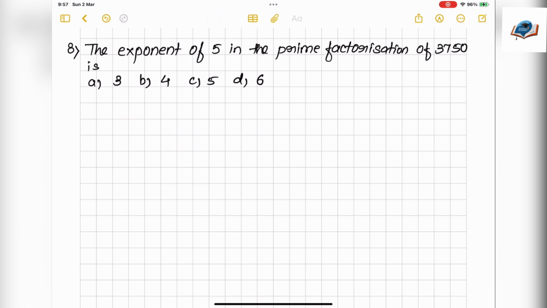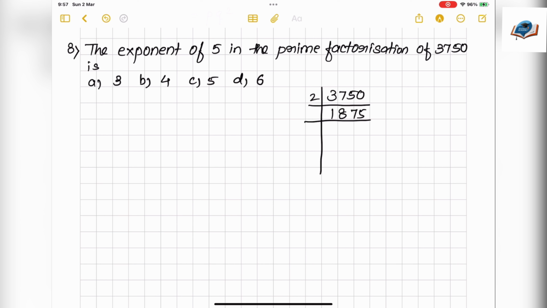Next question says the exponent of pi in the prime factorization of 3750 is A 3, B 4, C 5, D 6. So let us do the prime factorization of 3750. So first with 2 I will divide, so I will get 1875.